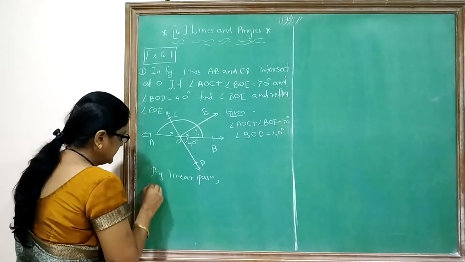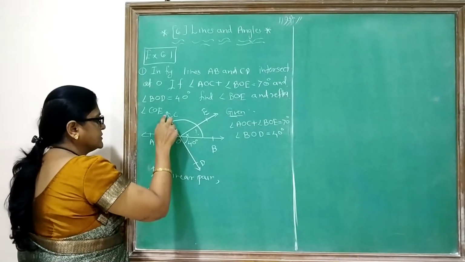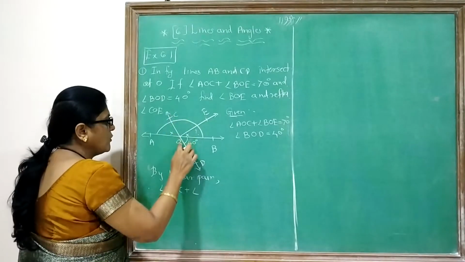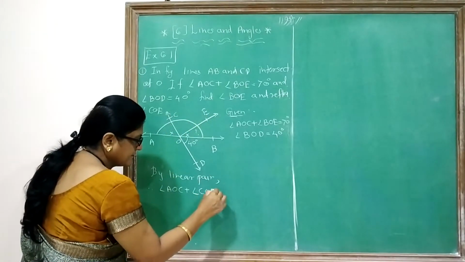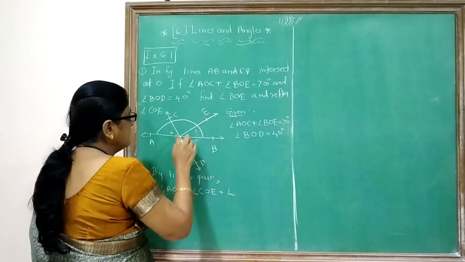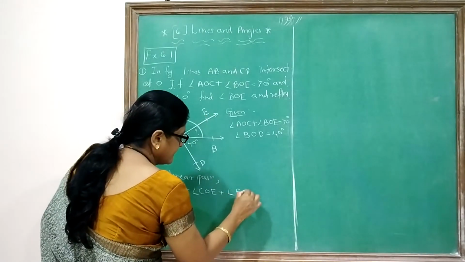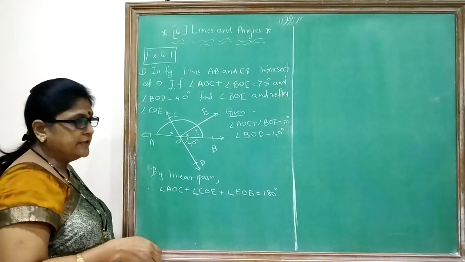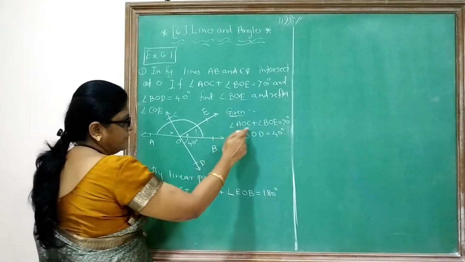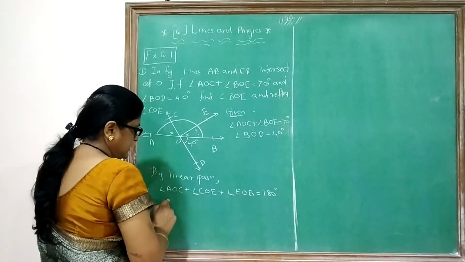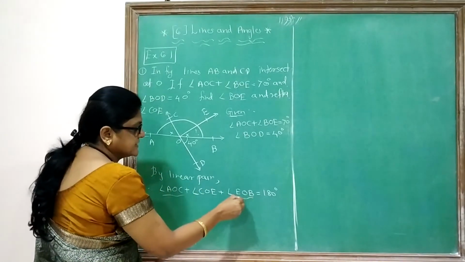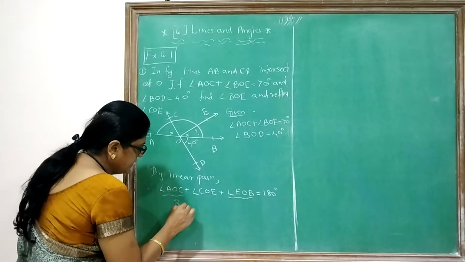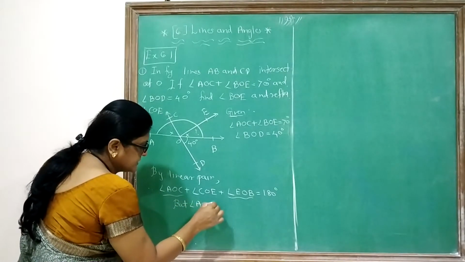Then you will write here angle AOC plus angle COE plus angle EOB equals 180 degrees, because they are in a linear pair. But AOC and BOE are added, and you will get 70 degrees.